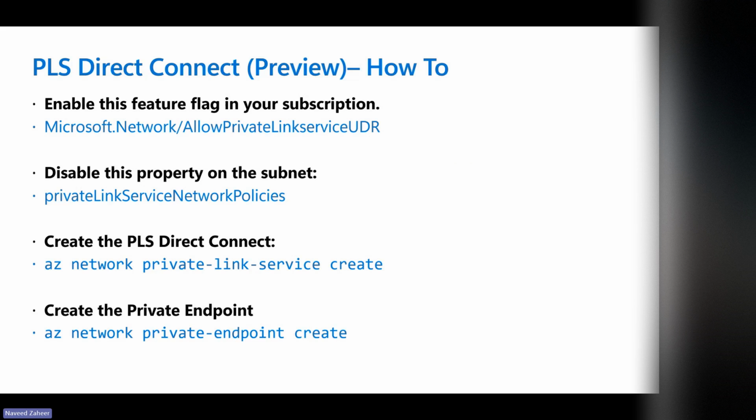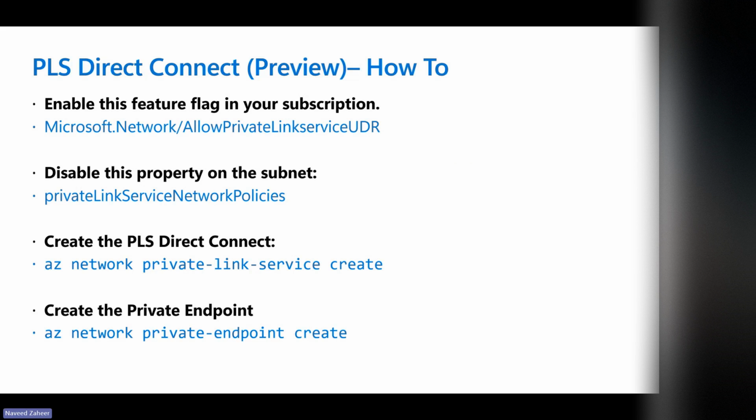It's under the Microsoft.Network provider, and it may take some time. Once you enable it, make sure it is enabled. Then in the subnet where you're going to create your PLS, make sure the network policy, called Private Link Service Network Policies, is disabled. Once you do that, you will create your PLS and private endpoint, and we will see it in the demo.